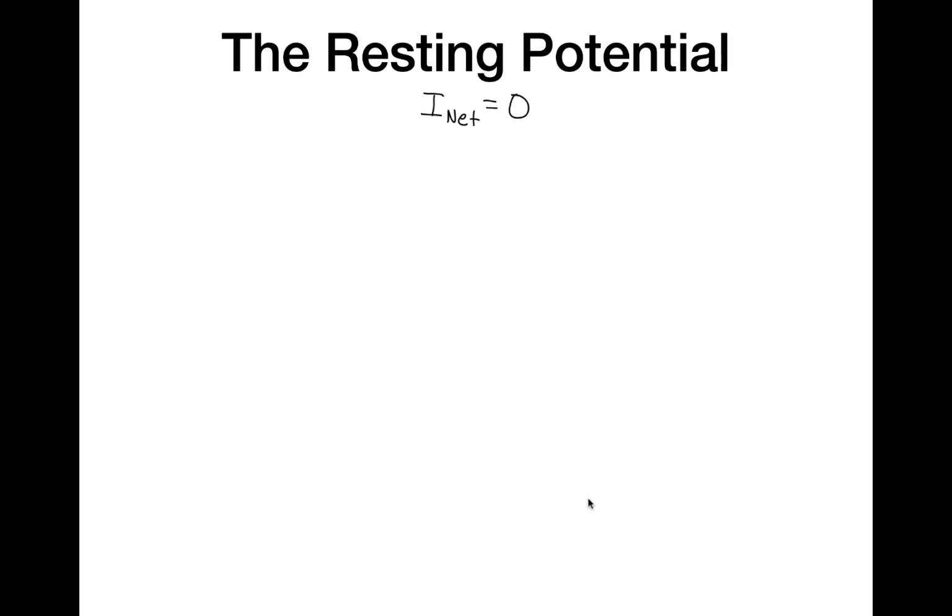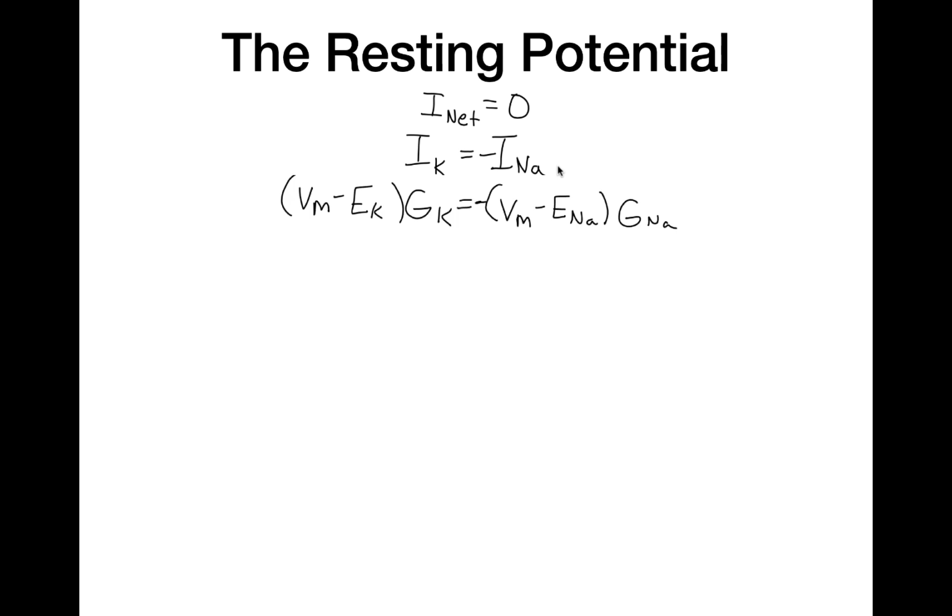Now, the resting potential, as we know, is going to be the membrane potential when the cell is at rest. And when the cell is at rest, the current, remember, is going to be zero. So the net current is zero. Therefore, the amount of current of sodium flowing into the cell should be equal to the amount of current of potassium moving out of the cell.